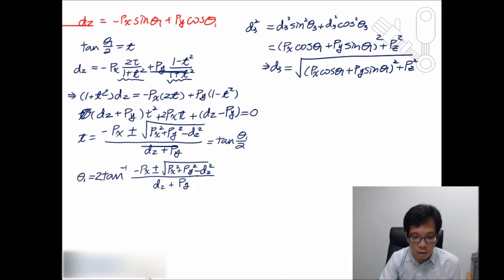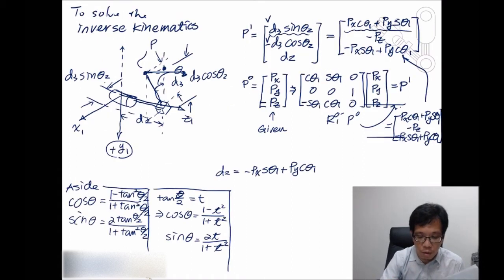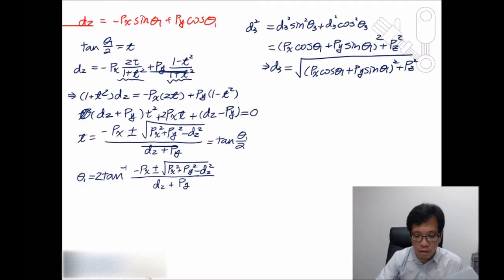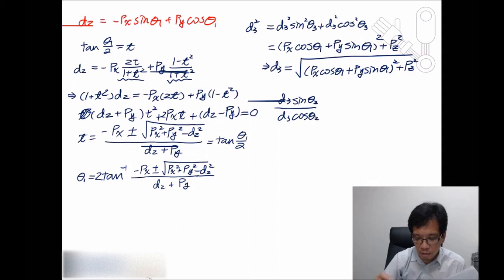Then we still have one more coefficient we need to solve. So I'm going to use this one and this one again. And this time we're going to use division instead of adding them together. So I'll have d3 sine theta 2 over d3 cosine theta 2.